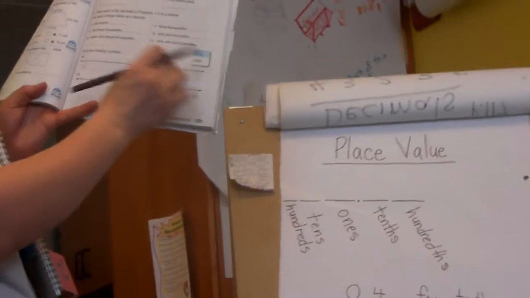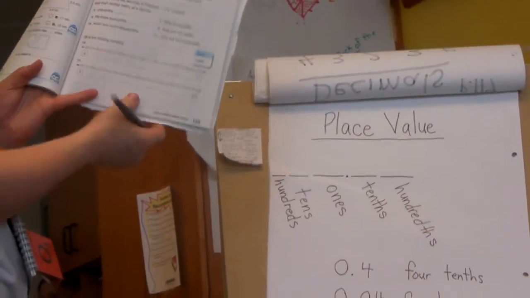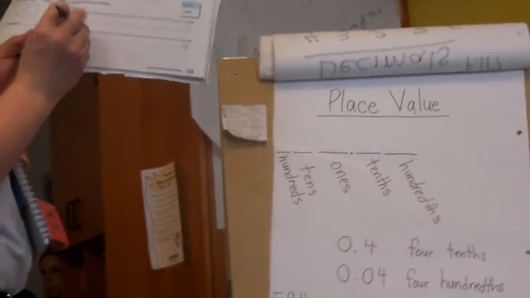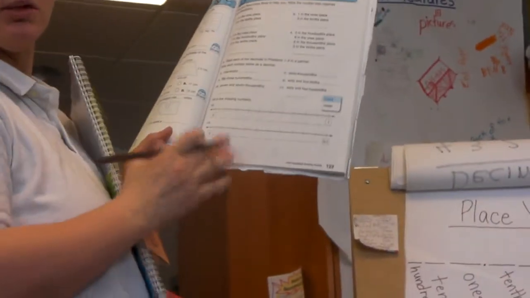Okay? Now, the next thing you want to do is fill in the missing numbers on the number line, just like you did for homework. Pay attention to whether it's tenths or hundredths. And for this one, you may work with a partner. All right? So that is your lesson on place value for today.